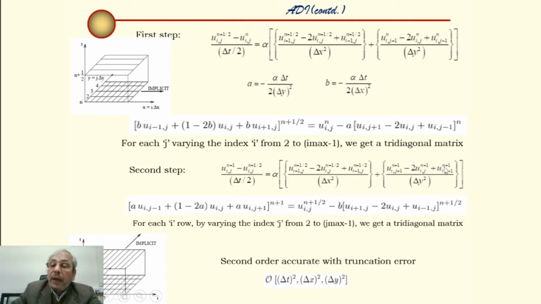And n plus 1 level values are not known. Now all the values at n plus half level are known after completing the j sweep. So these known values are moved to the right hand side, and unknown values at n plus 1th level, they are moved to the left hand side. And now we can write a u i j minus 1 minus 2a uij plus a uij plus 1 at n plus 1th level.